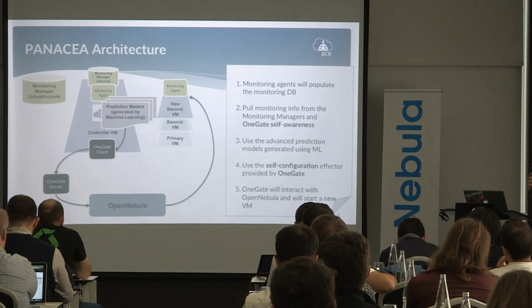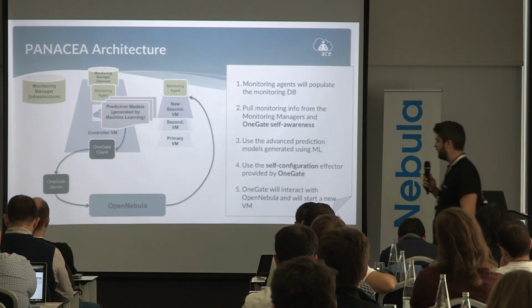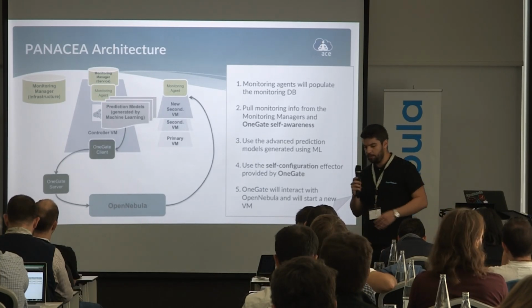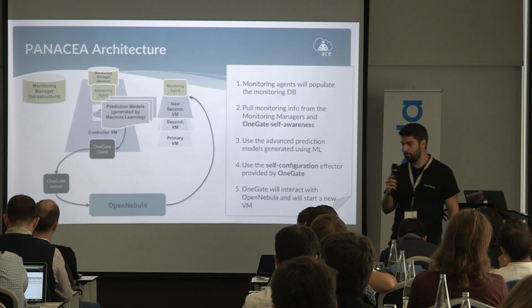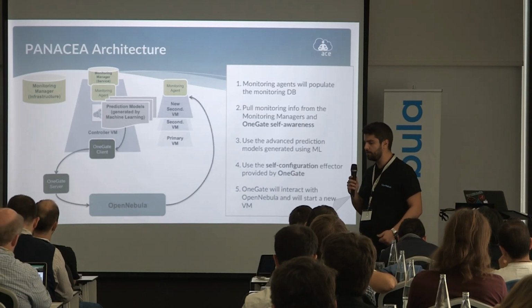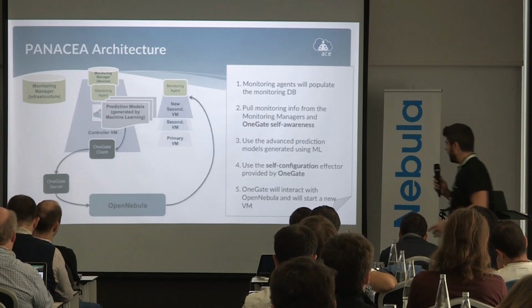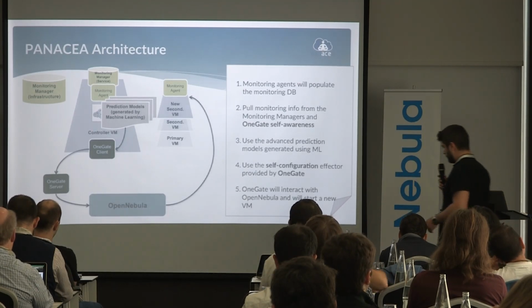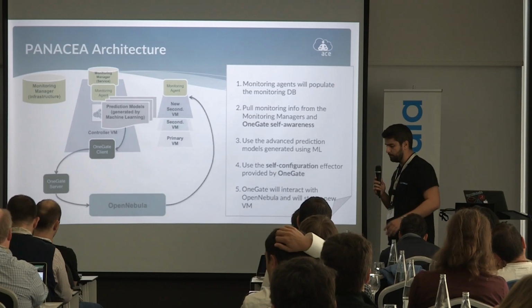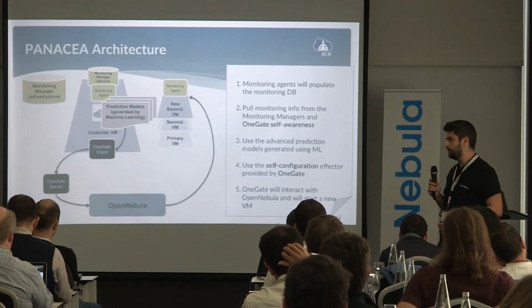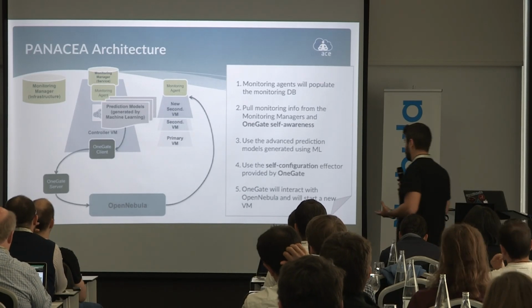So this service will use the information from the monitoring manager and the information that it gets from OneGate. So how many virtual machines are in the service, what virtual machine, what is the IP of this virtual machine. And using all this information, the prediction models that are generated using machine learning will decide how to modify the service.